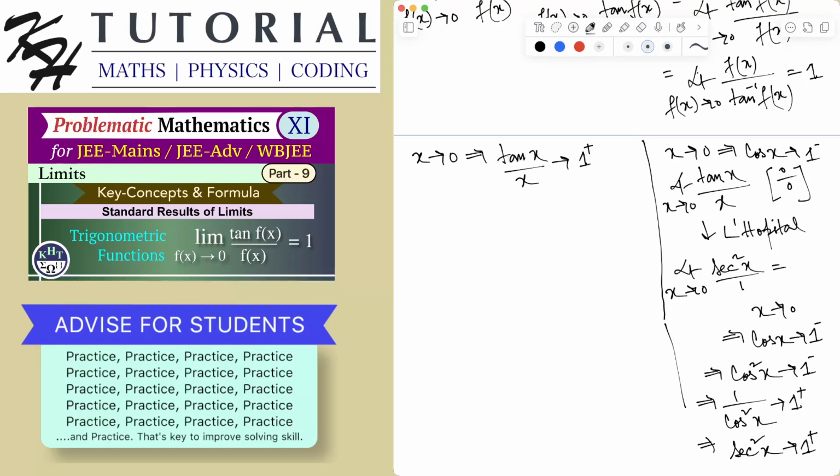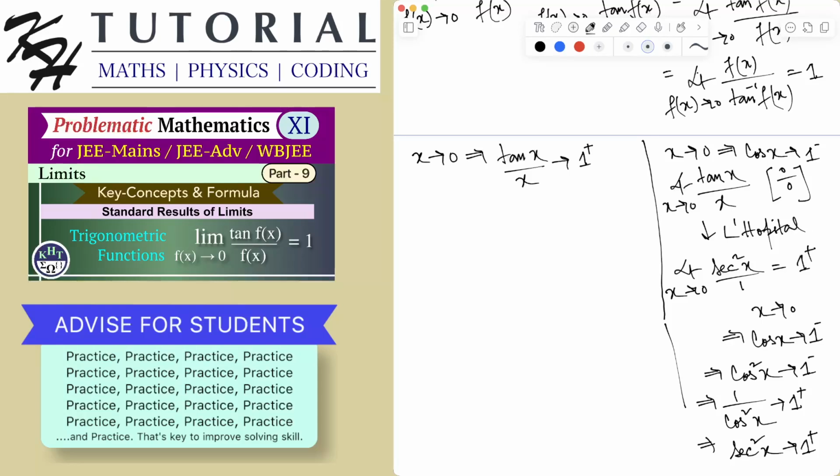So clearly now we can say that limit x tending to 0, sec square x, so this limiting value will tend to 1 positive. So that is the reason we see that when x tending to 0, tan x by x actually tends to 1 positive.